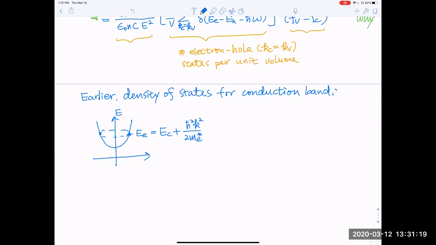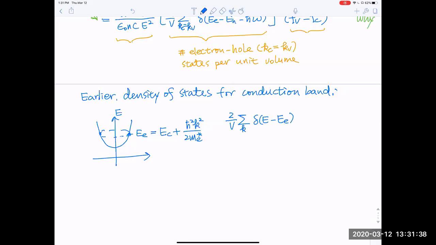That basically is 2 over V times the summation over all possible k such that the energy of the electron is equal to this particular electron energy, all right?